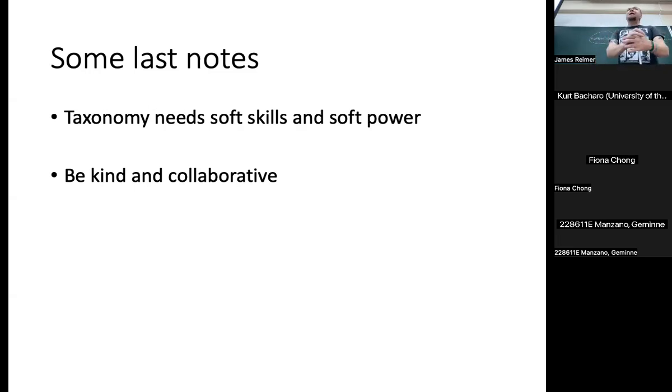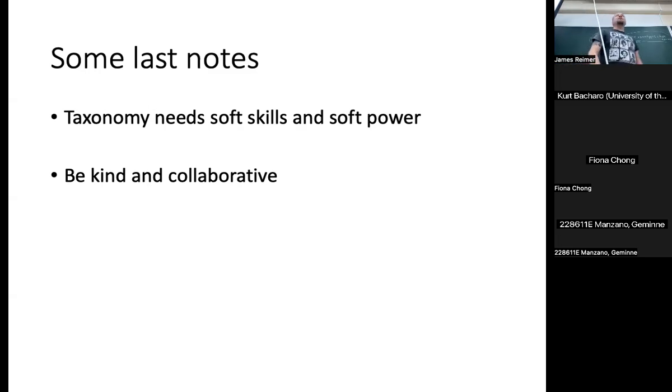But 90 to 95% of people, this is my theory, 90 to 95% of taxonomists are good people. Some people are not. There are some, few, but there are some. Most people are good. And so I think, statistically speaking, most people are kind.